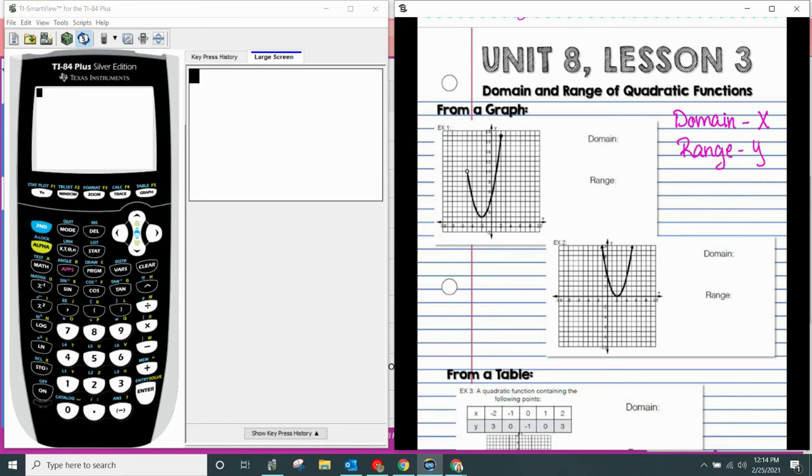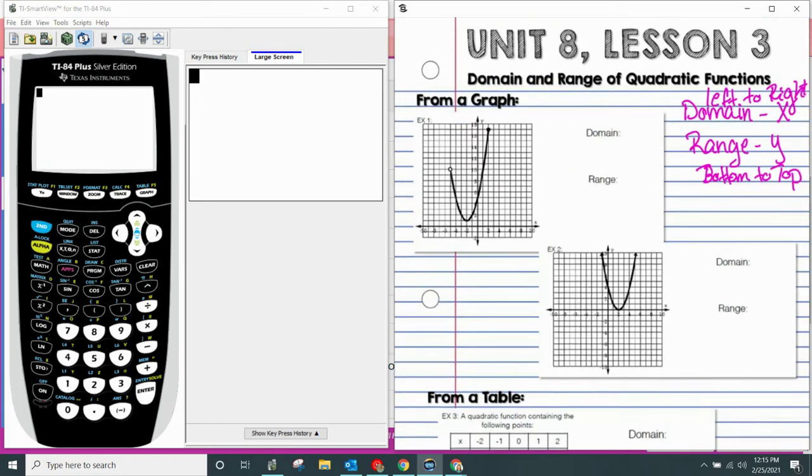And remember, you can think of domain as left to right. How far does your graph go left to right? And then you can think of range, your y values, as bottom to top. That's basically what domain and range is.